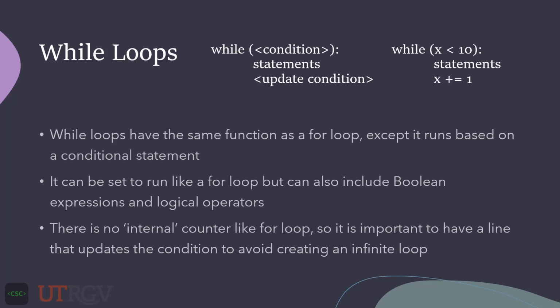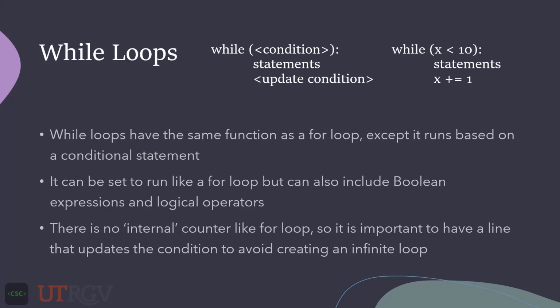Right away, you can probably see that nothing in it, like in the for loop, is going to change by itself, like counting 0, 1, 2, 3, 4. With the while loop, there's nothing inside the actual structure that will change it. So make sure when you write a while loop that somewhere in the body, after your statements, there is some line that updates whatever condition is being checked. For example, if the condition is x is less than 10, you can write whatever statements you want, but make sure the last statement updates x.